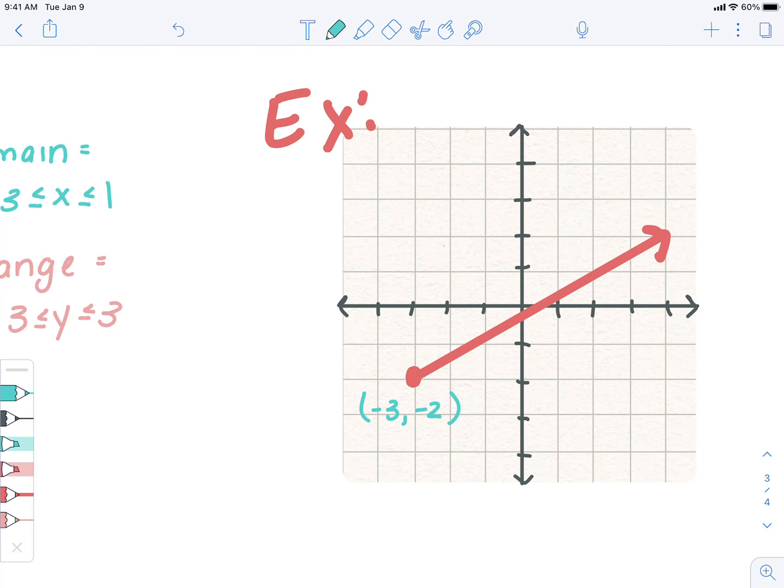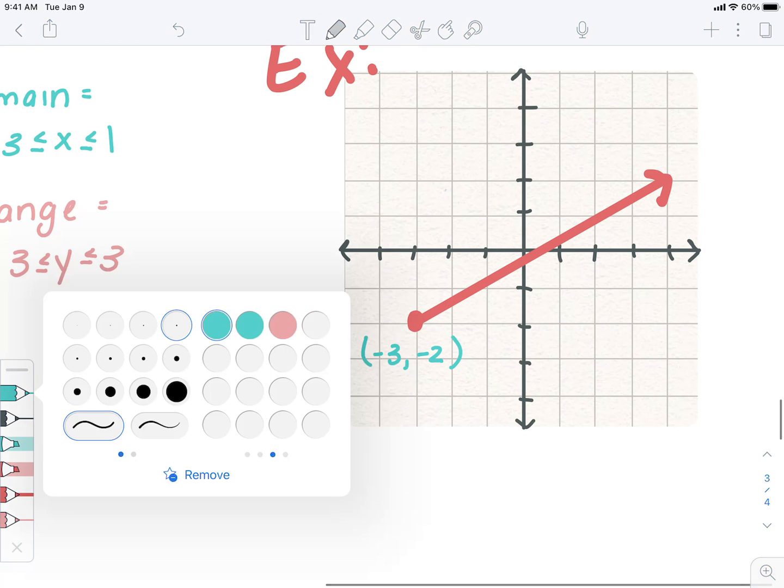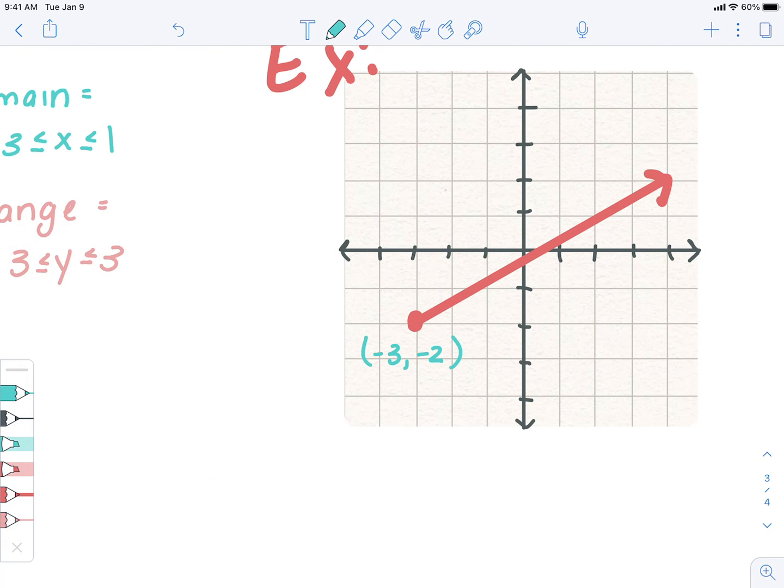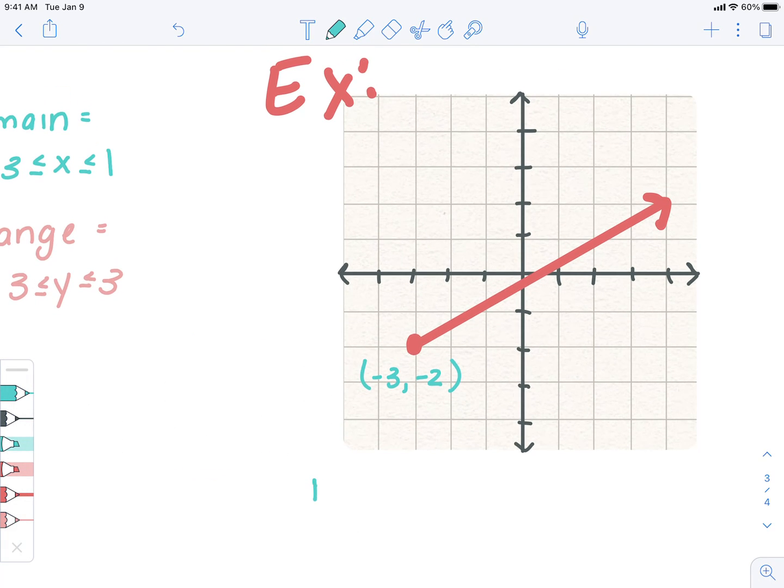So I'm going to look at this for the domain. And I want to know where my graph starts, which is right here, at -3. So I'm going to say that my x values start at -3.